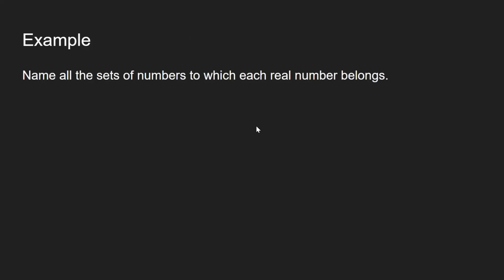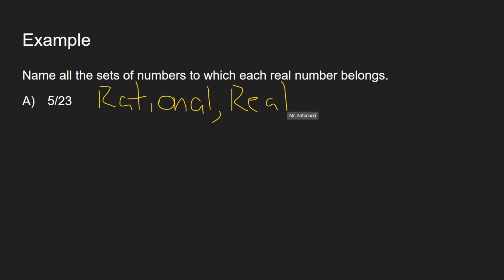Okay, so here's a couple examples. We want to name all the sets of numbers to which each real number belongs. So 5/23 would be a rational number. It's also a real number because all rational numbers are inside of the real numbers, but it's not an integer because 5/23 does not reduce to a whole number or a natural number or an integer.